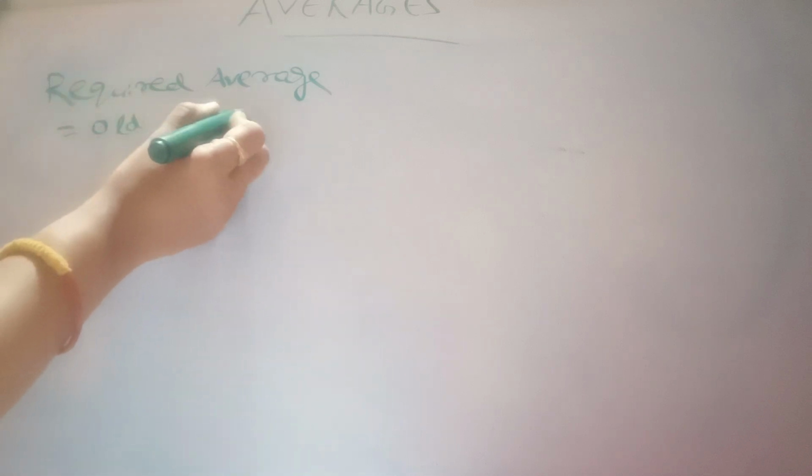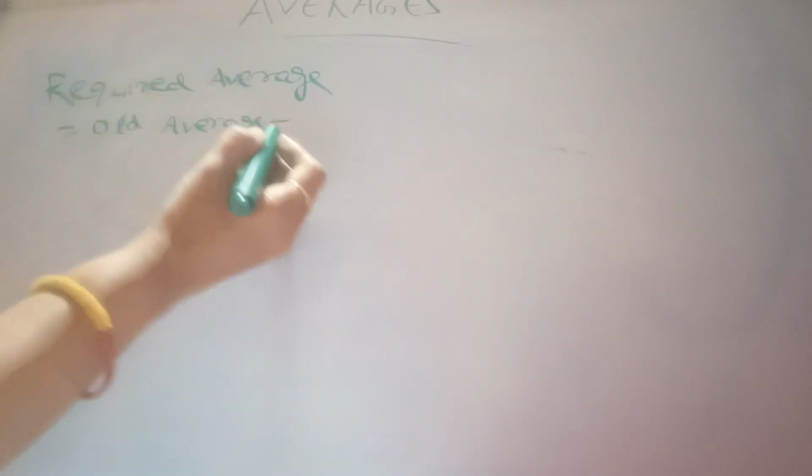Last year they each had 250 industries. 250 means old average. Required average equals old average minus new average.